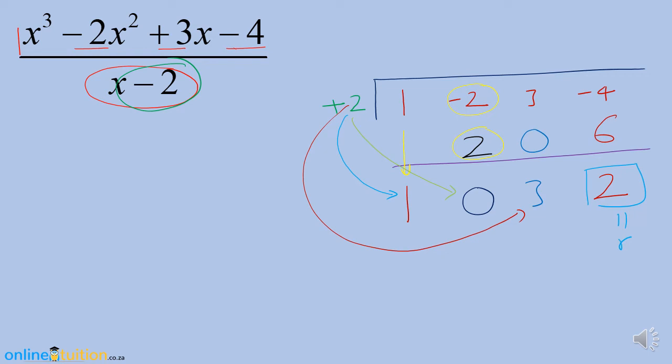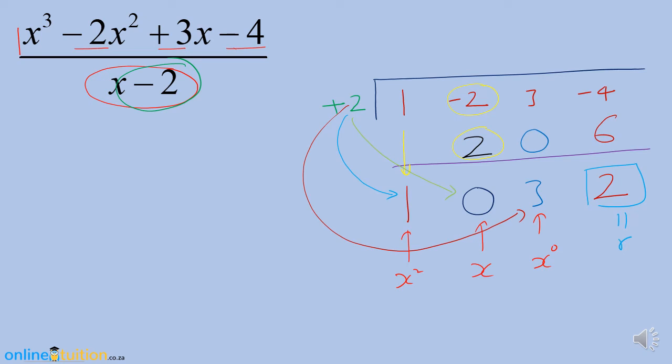So it tells me that the quotient, the answer, must be x cubed over x. The leading term must be x squared. So this 1 is the coefficient of x squared. The 0 is the coefficient of x. And the last one is the coefficient of x to the power 0, which is the constant term.